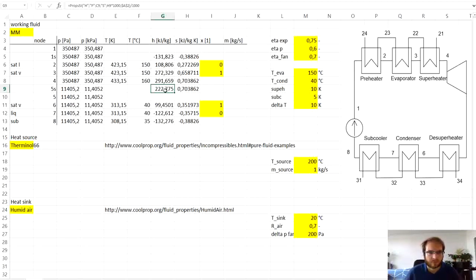And now let's convert these ideal values to real ones. So in the real expansion, the enthalpy at the outlet of the expander is the enthalpy at the inlet minus the enthalpy difference for the ideal expansion, the maximum we can get, multiplied by the efficiency of the expander.